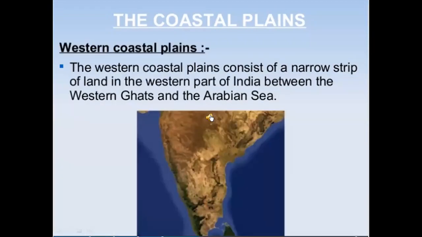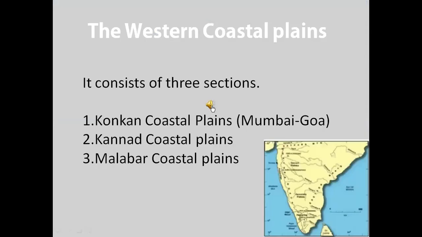The western coast, sandwiched between the Western Ghats and the Arabian Sea, is a narrow plain. The western coastal plains consist of 3 sections.